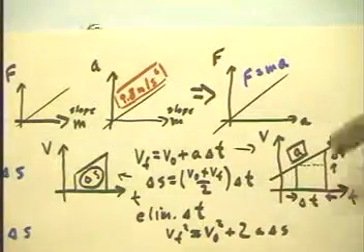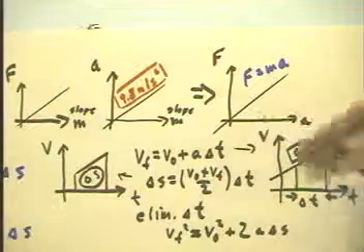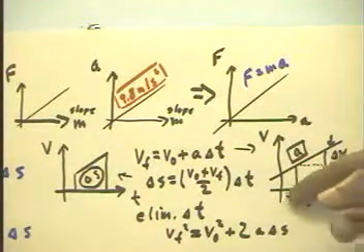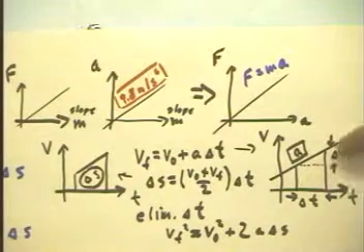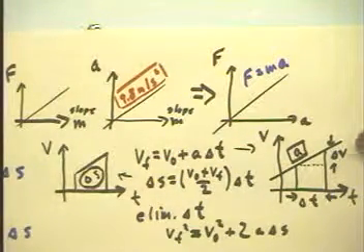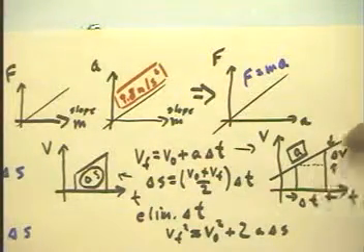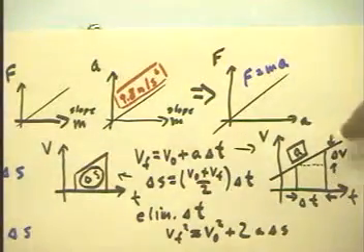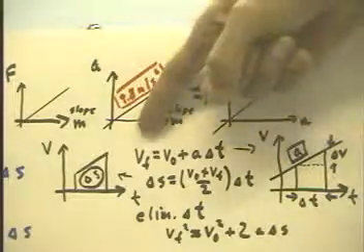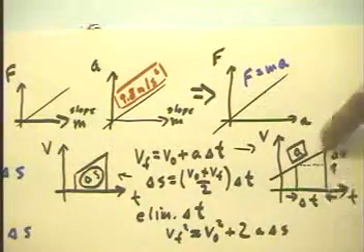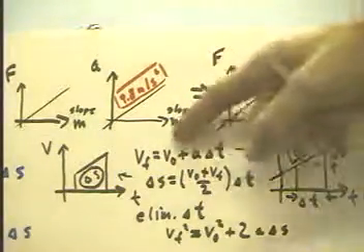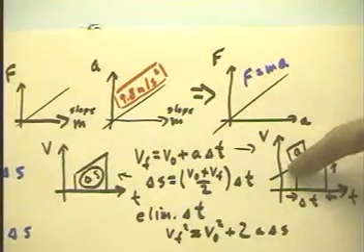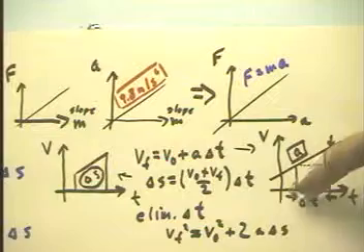This graph shows that the acceleration is the slope of the velocity versus time graph. If you have a delta t here, that's the run of this trapezoid. The rise is your delta v, and the slope is your rise over run, delta v over delta t, or your acceleration. And this tells you that the final velocity, the velocity you have at this end of the interval, is equal to your initial velocity, which is the velocity you have at the beginning of the interval, plus the acceleration times delta t.